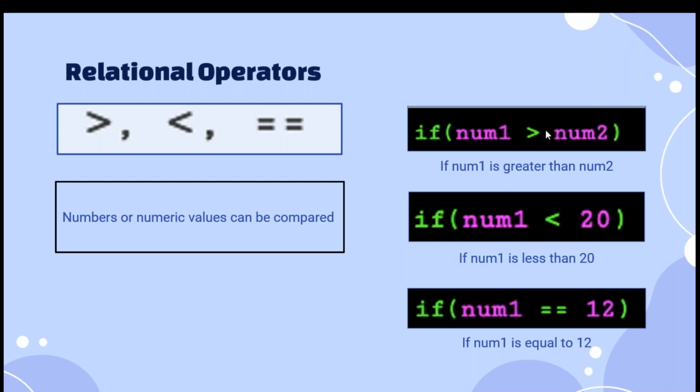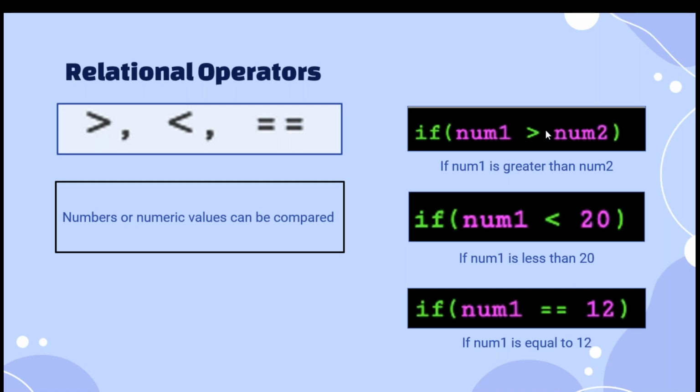And then underneath that, we have if num1 is equal to 12, which just means equal to. So I know there are two equal to signs. This is equal to. Although that may get a bit confusing, this is the relational operator. If you see just one equal to, it's called an assignment operator, which basically means that it's not equal to anything.